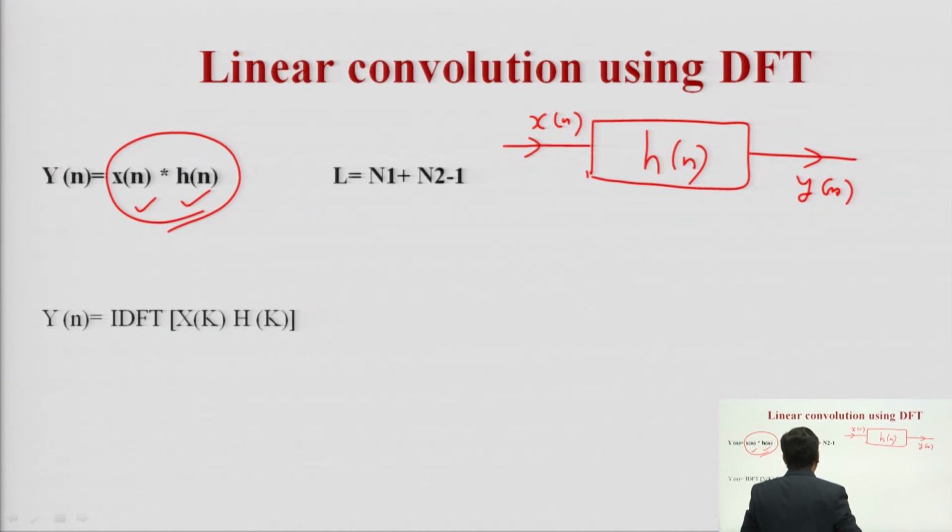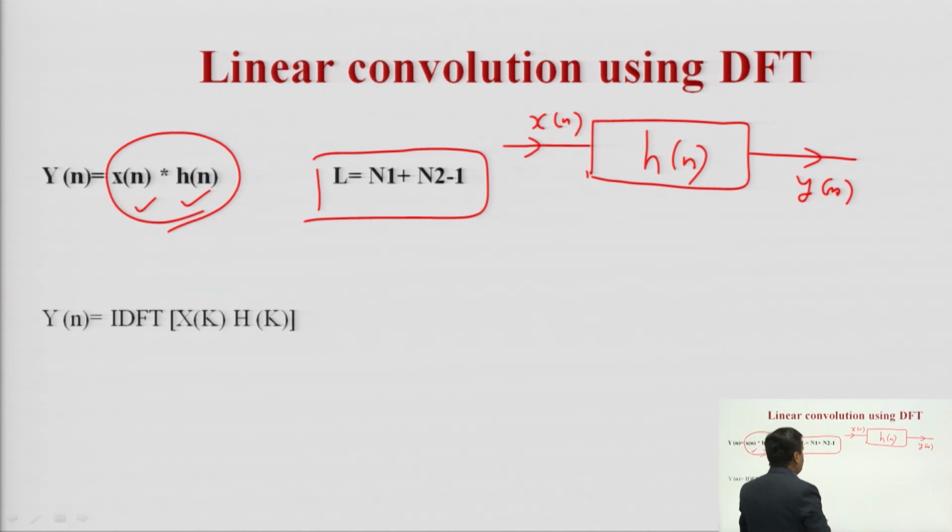Now, this is the condition that you have to follow here. Your length will be as per this formula, that is n 1 plus n 2 minus 1. n 1 and n 2 are what? n 1 is the length of x of n, and n 2 is the length of h of n.